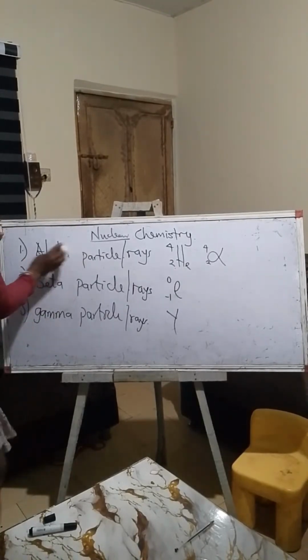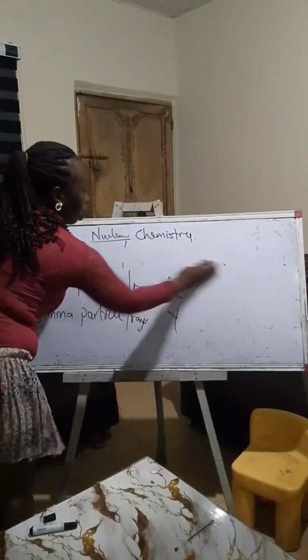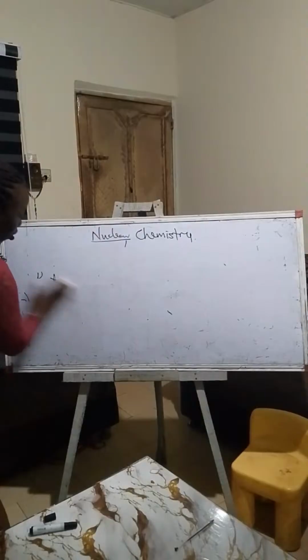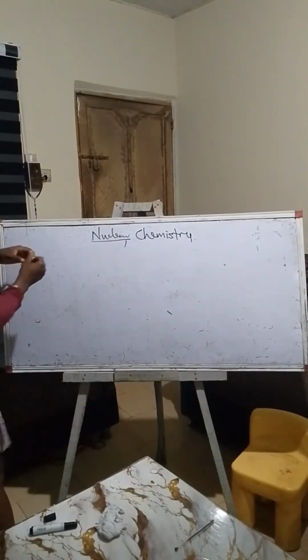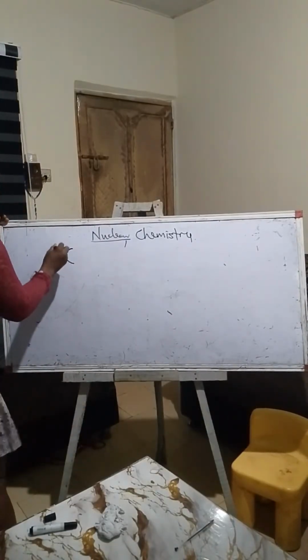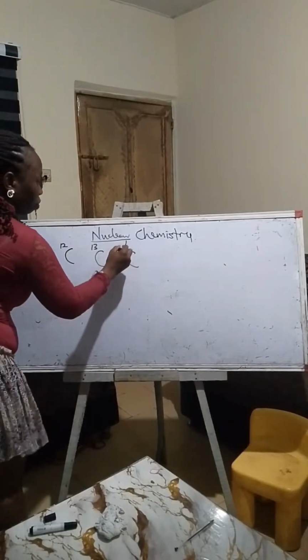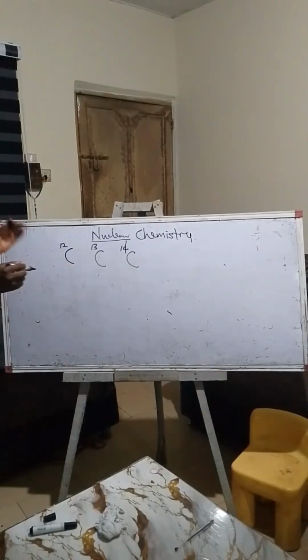Look at it. We are going to clean this up and look at stability. So it is represented as C12, C13, C14. We are just using carbon for instance to explain why we said stability can be low or can be high, or it moves towards stability.